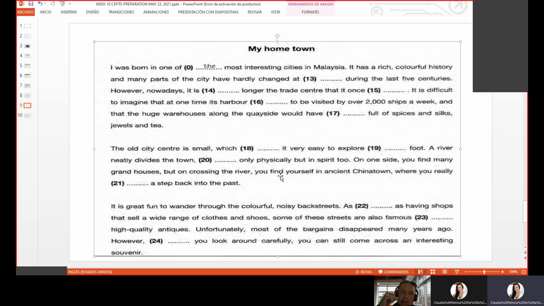It is a modal verb, auxiliary. Yeah, not a modal, an auxiliary. An auxiliary, yes.